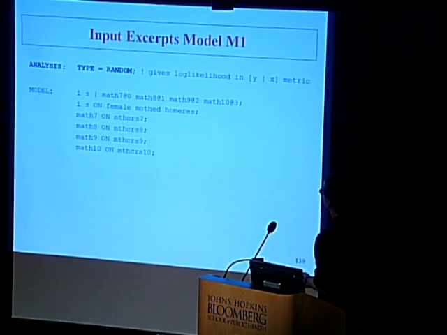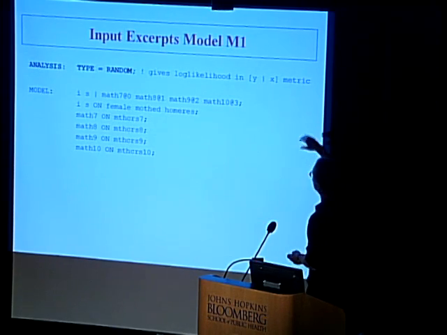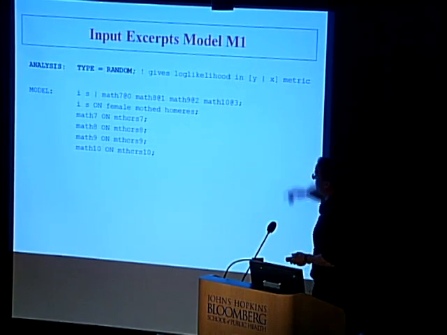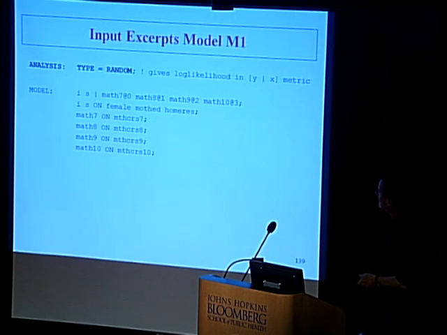The technical background for that was given on the pages that I skipped. The log likelihood is in a different metric between these models unless, for the more standard SEM-like model, you put type equals random there to get it in the right metric.